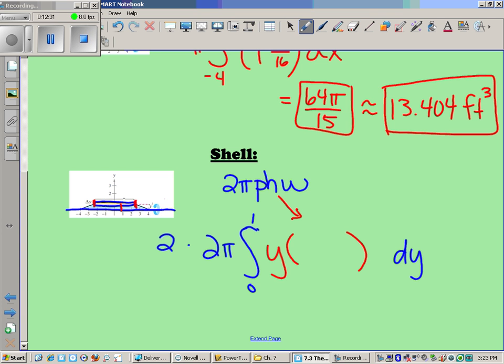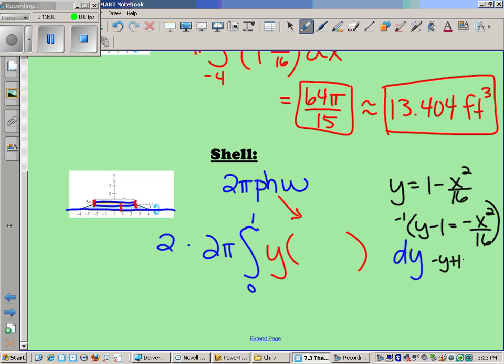So if your original equation was y equals 1 minus x squared over 16, how would you get x by itself? You could subtract the 1 over, right? Then could I multiply everything by -1 just so that I would get this x squared to be positive on that side?